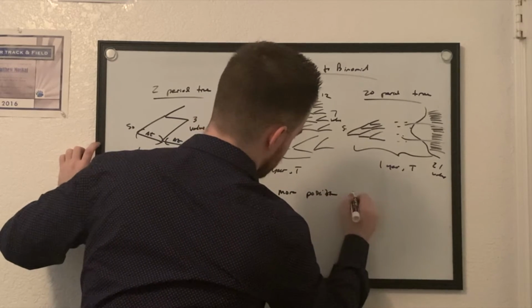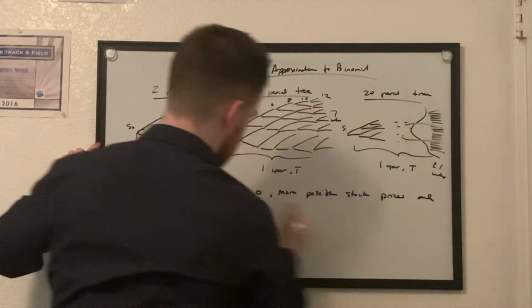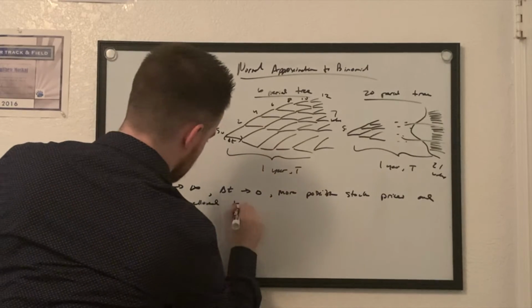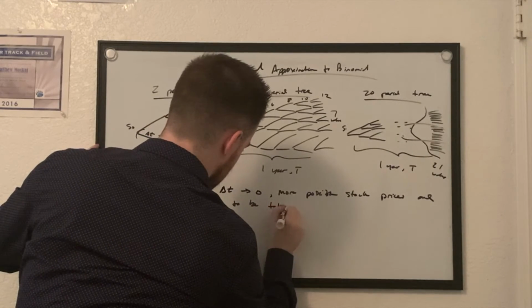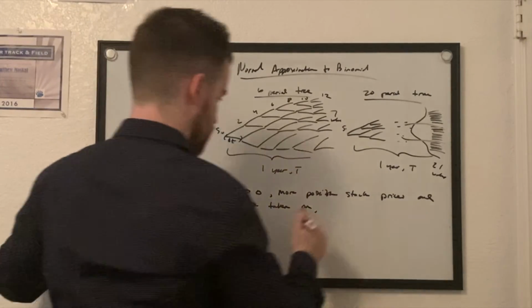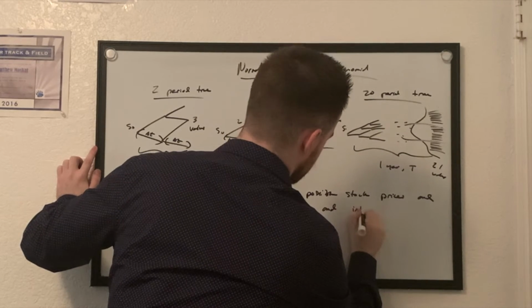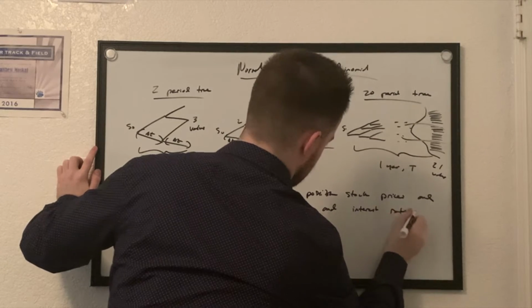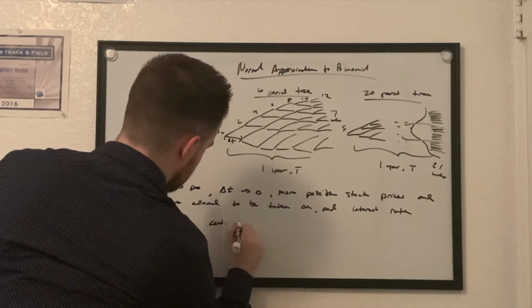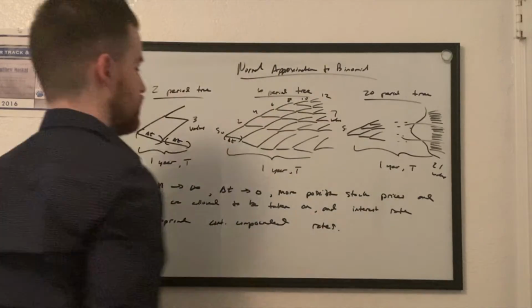More possible stock prices and paths are allowed to be taken on, and our interest rates approach continuously compounded rates.